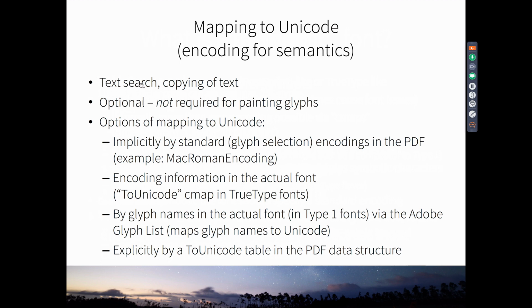So if we are able to line one glyph after the other, like here in the first line, text search, copying of text, we are able to write the glyphs onto the page, but we don't have a meaning of the text. So we have the glyphs, but not in every case do we have information about what this glyph actually means, whether this glyph is a small letter T or not.